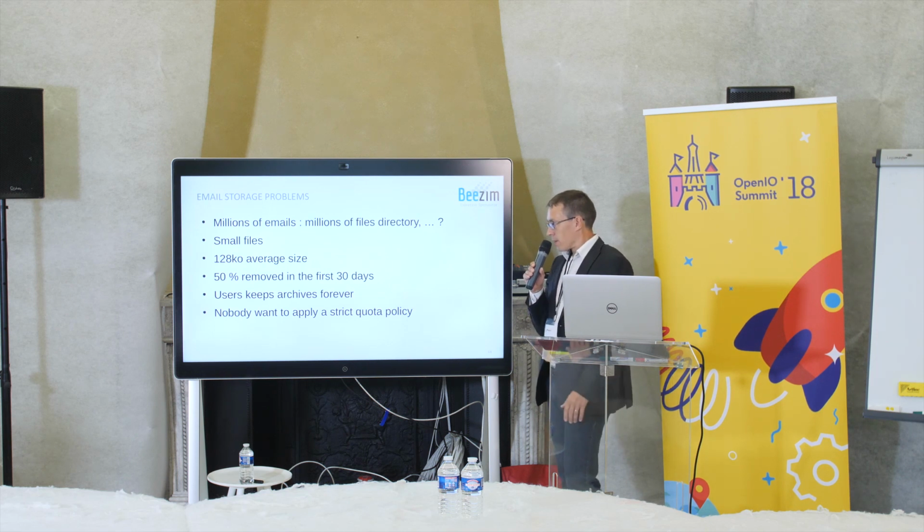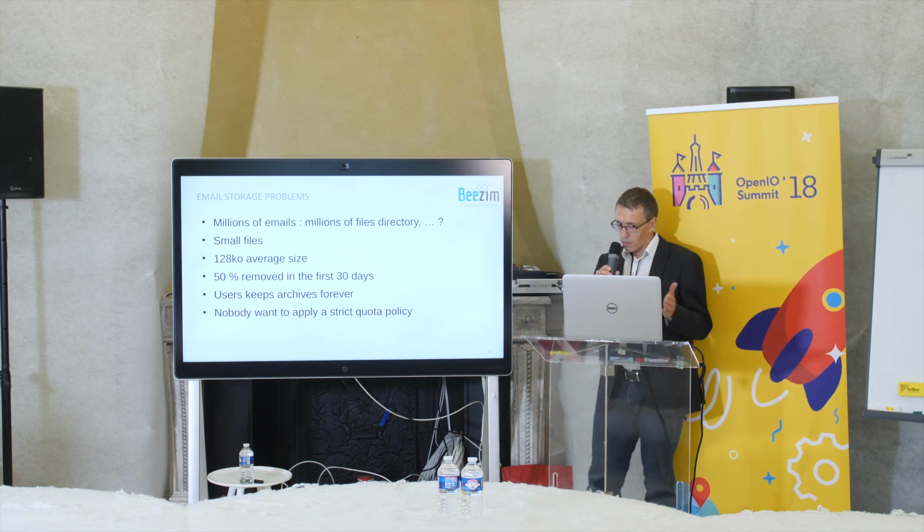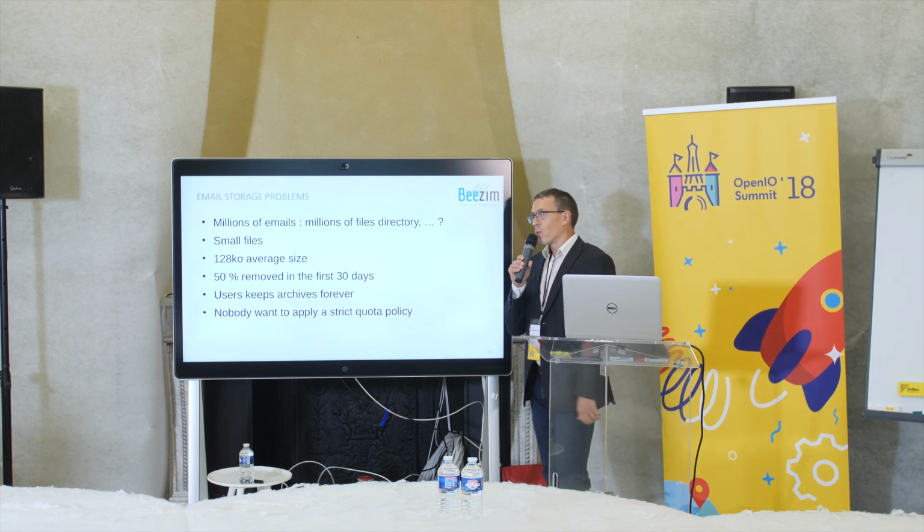As I said, half of the emails we receive are removed in the first 30 days. And after that, the users want to keep an archive forever. When they have the email in the mailbox and it's not spam, they want to keep it forever. And nobody wants to apply a strict quota policy. What I want to say with that is that it's always difficult to explain to users that you have to clean your mailbox because we don't have enough money to buy a disk to have more space to store emails.